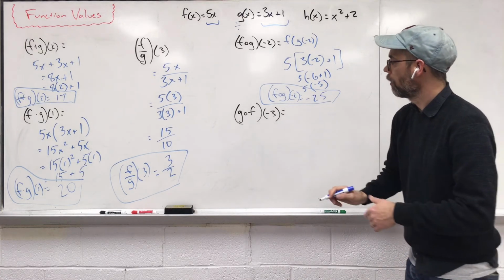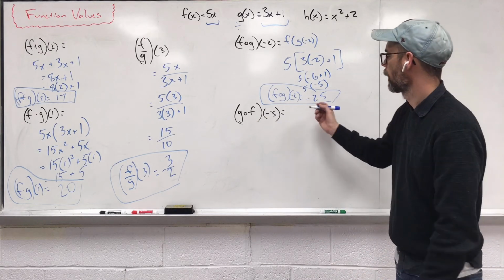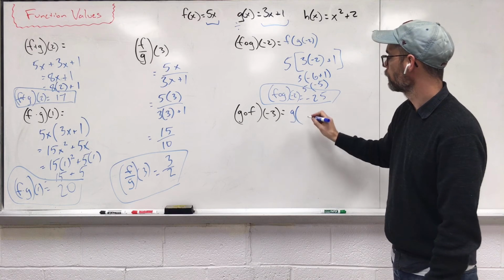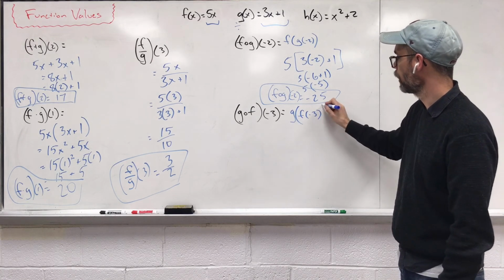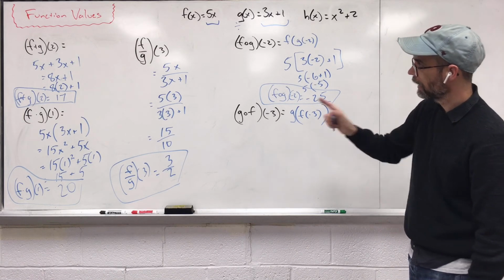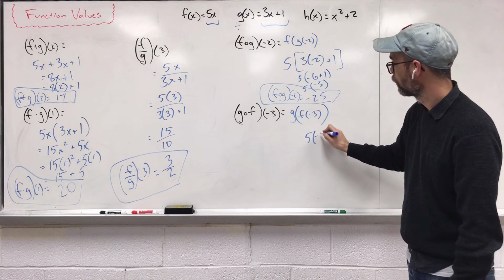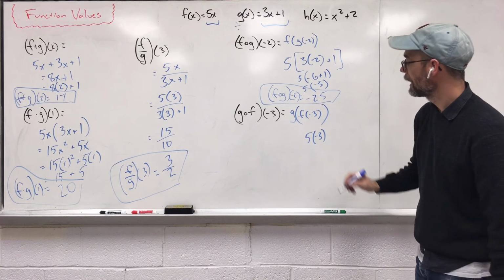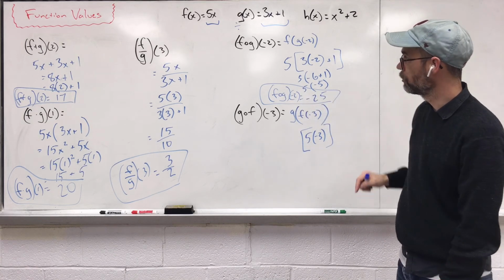Last one. Again, I don't like the way that looks, so I usually rewrite them. g of f of x, or in this case, of negative 3. I want to take my f function and plug negative 3 inside the f. So 5 times negative 3. Now this whole thing has to go inside g.